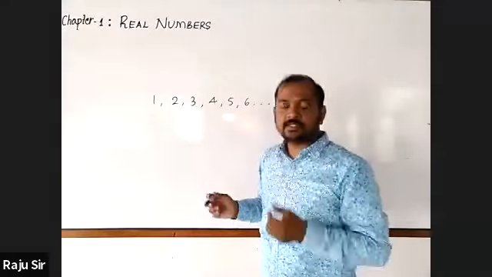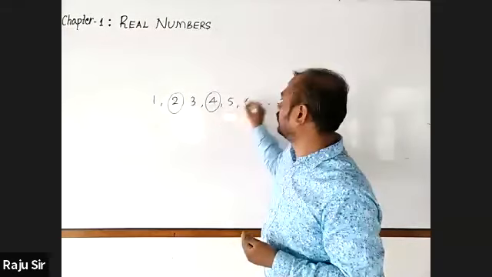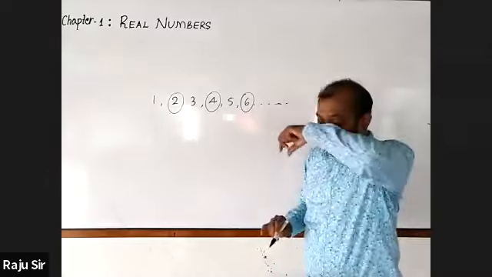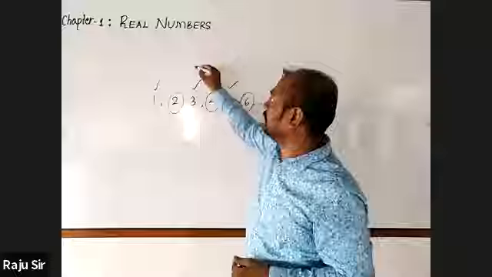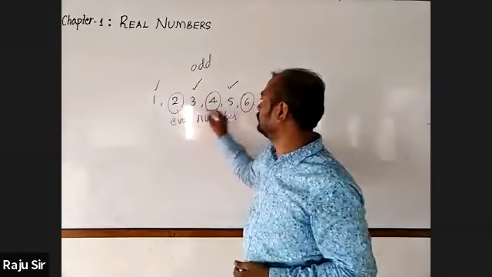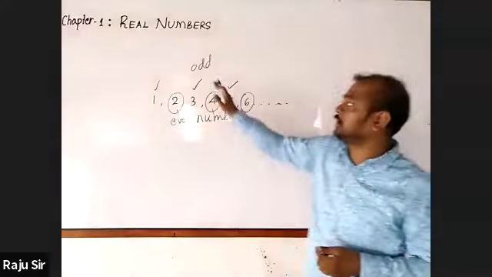Even numbers are the numbers which are divisible by 2. They are 2, 4, 6, and so on. The remaining numbers which are not divisible by 2 are called odd numbers: 1, 3, 5, and so on.